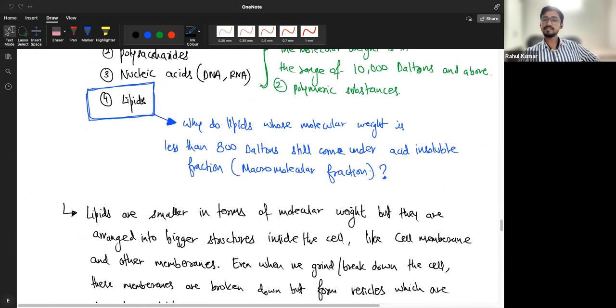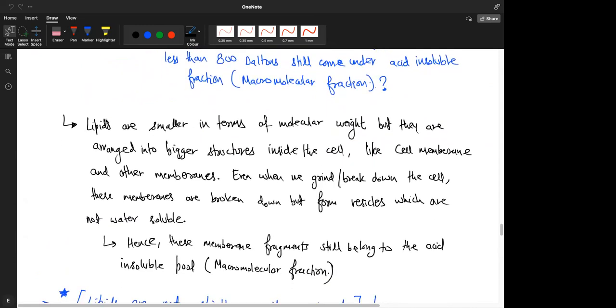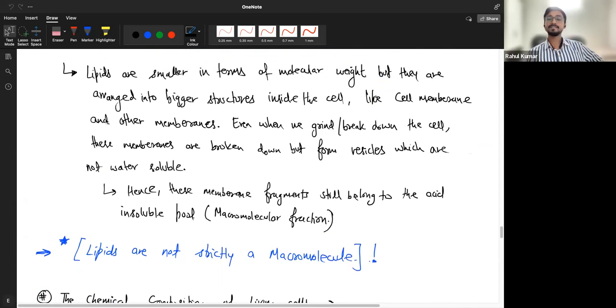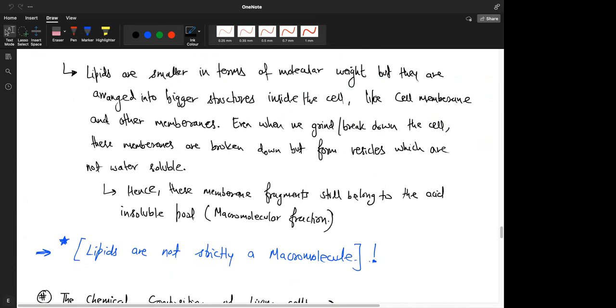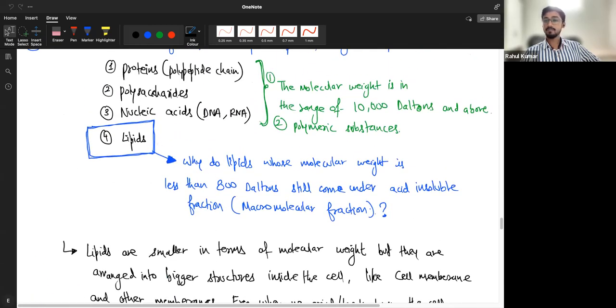So does it mean that lipids are macromolecules? No. Lipids are not macromolecules. They just behave like macromolecules because they are always found together. So just remember that lipid is not a macromolecule.